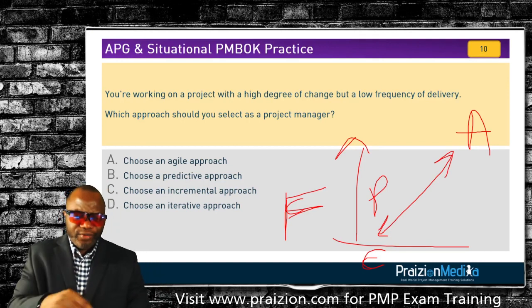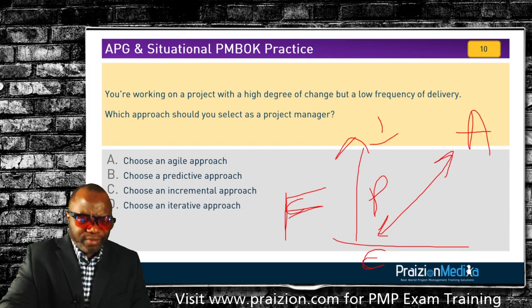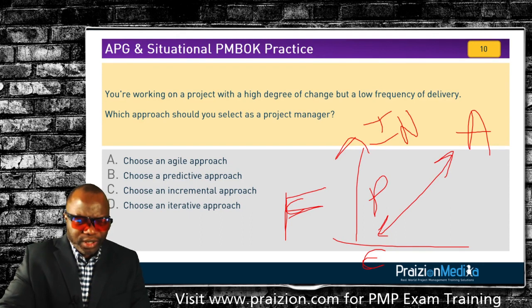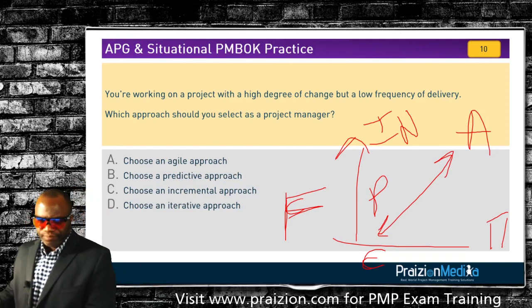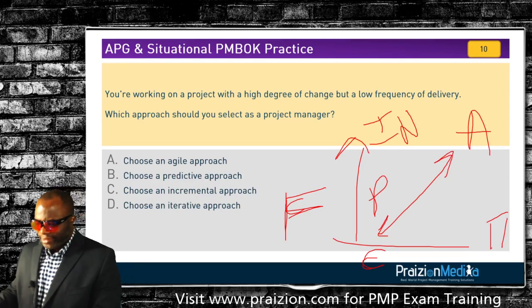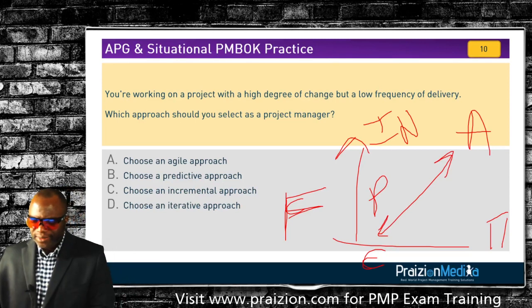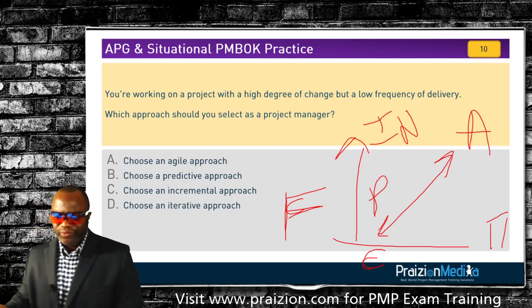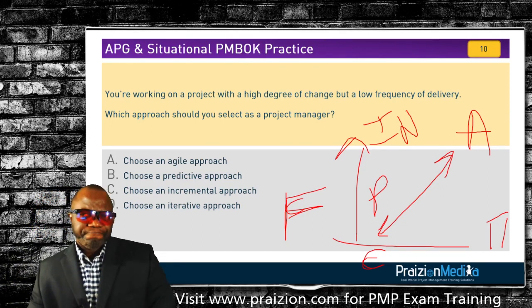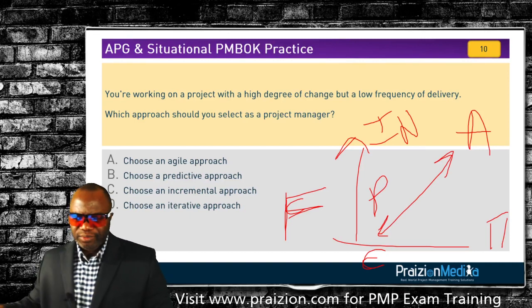So a high frequency of delivery, you know you've got incremental up here, and over here, you know you've got iterative. Just in case you've forgotten where this is in your Agile practice guide. And I don't have mine to hand exactly here. The page you want to look for is, I believe, 19, maybe.